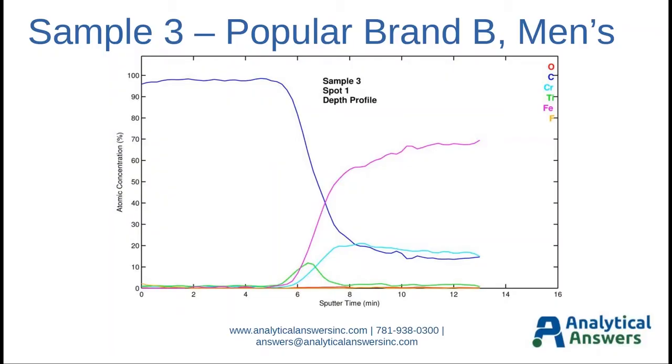So when we look at that data after processing, we see, again, an almost pure diamond-like carbon layer. And then it transitions down after about 6 minutes with that little titanium adhesion layer right at the interface between the coating and the substrate. And then we go into the iron and chromium substrate, again with a fairly high carbon because of those chrome carbide inclusions.